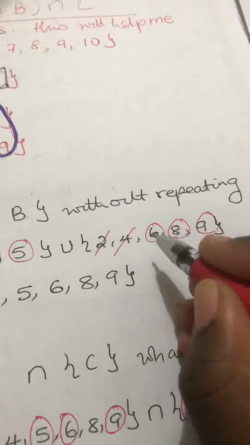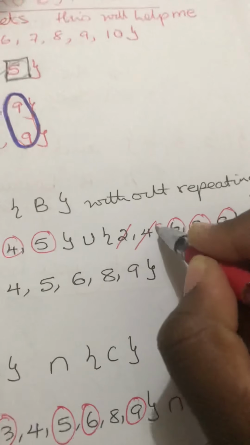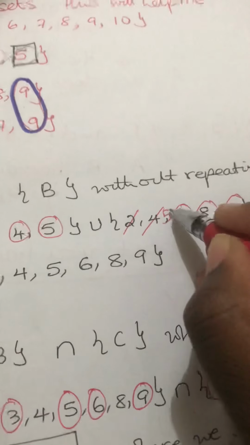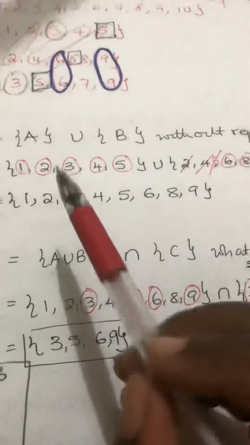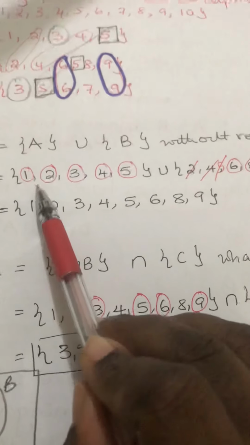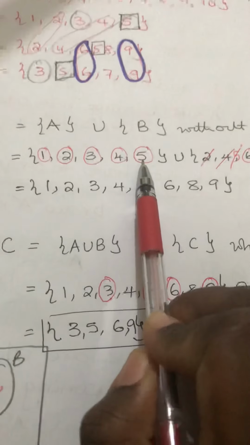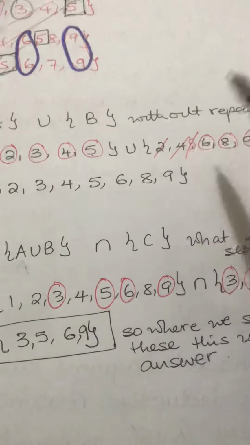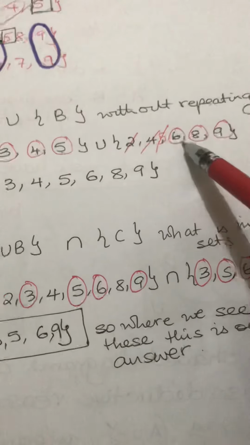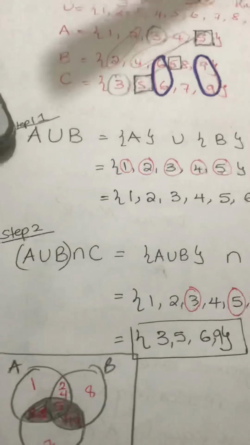Oh, I forgot 5. There's a 5 over here. I need to cross it out. Okay? So, you write all that is in A. And then you come here, you skip the ones that you repeated, that's why you cross them. And the ones that you didn't repeat, you put them there. So this is A union B.